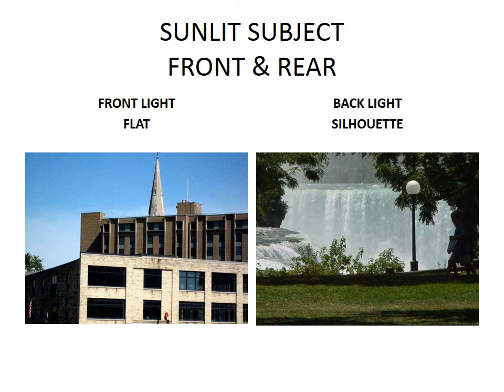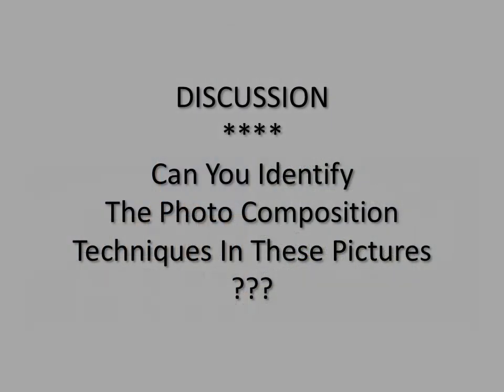Can you identify the photo composition techniques in the following pictures? What is interesting to your eye? What do you see from what you've learned that makes the photos interesting and desirable?